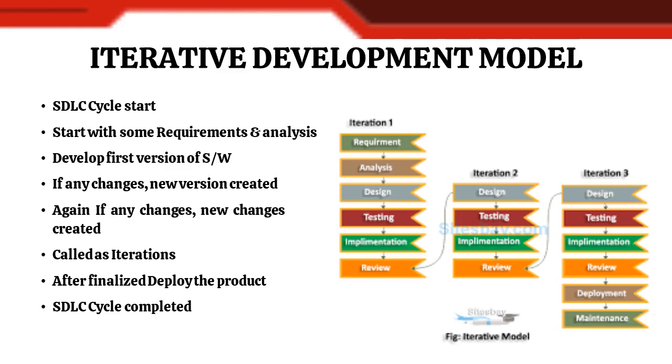If changes or improvements are needed, a new version is created. This process is repeated for each iteration, refining the system step by step. Once the software meets all requirements, it is finalized and deployed. This cycle continues until the product is complete, making the iterative model flexible and responsive to changes.